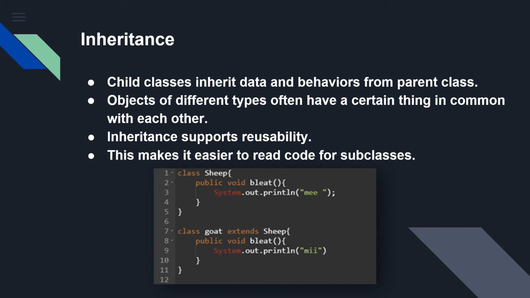Inheritance supports reusability also, so we can use some code again and again. This is so good because there's no need to rewrite code. Also, this makes it easier to read code for subclasses. Yes, this is an advantage for me.